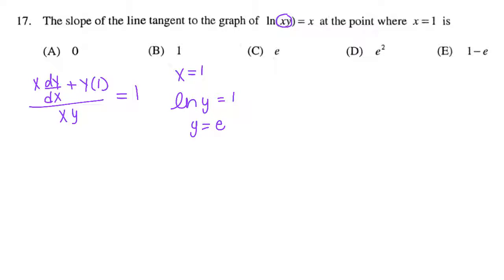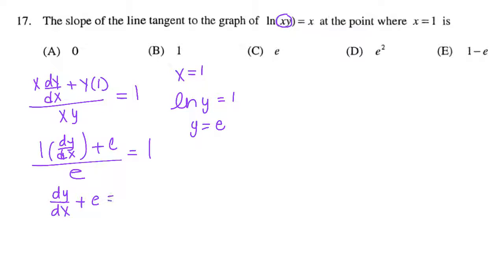We're going to have 1 times dy/dx plus e all over e equals 1. Solving this, we have dy/dx plus e is equal to e, and it looks like our slope is going to be equal to 0, which is going to be answer choice A.